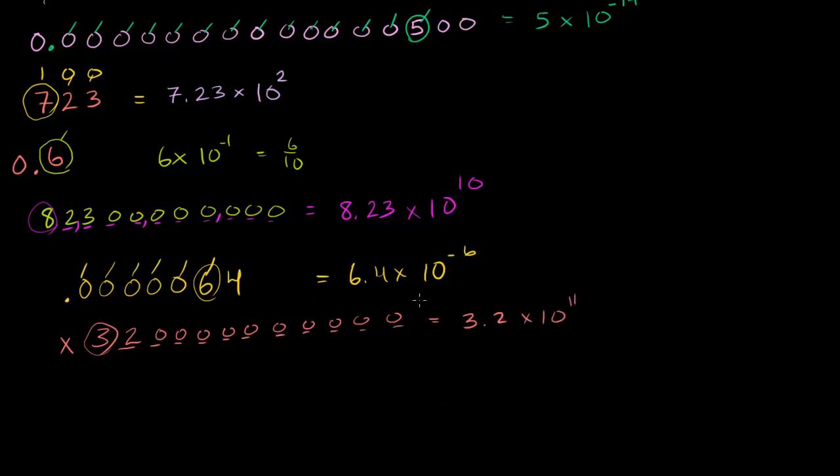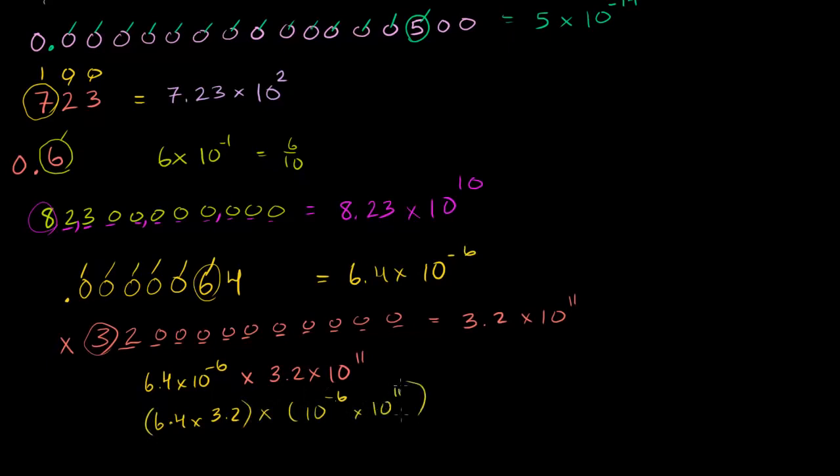So if we multiply these two things, this is equivalent to 6.4 times 10 to the minus 6 times 3.2 times 10 to the 11th, which we saw in the last video is equivalent to 6.4 times 3.2, I'm just changing the order of our multiplication, times 10 to the minus 6 times 10 to the 11th power.